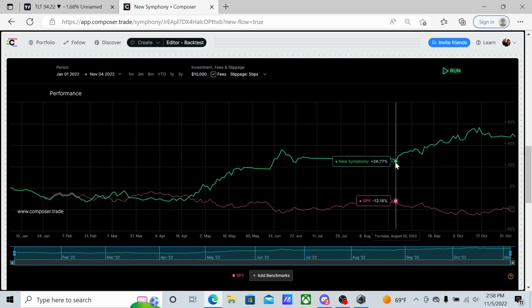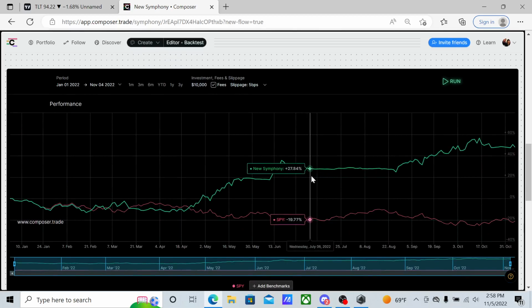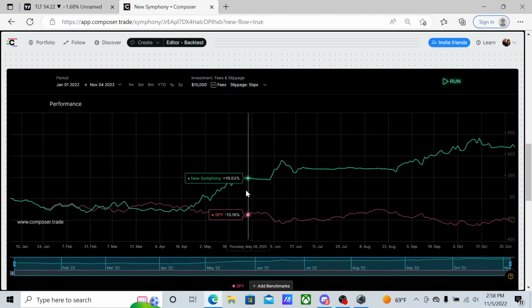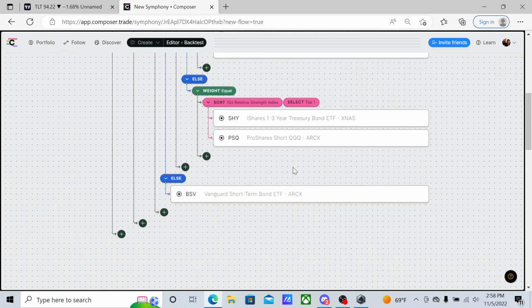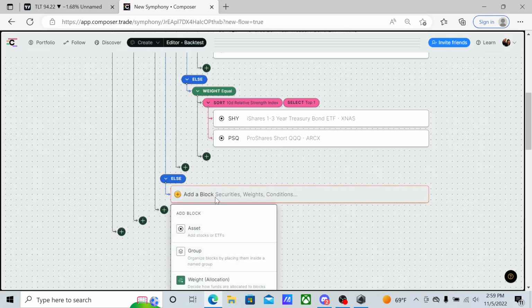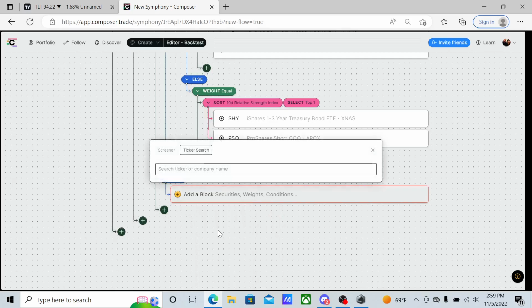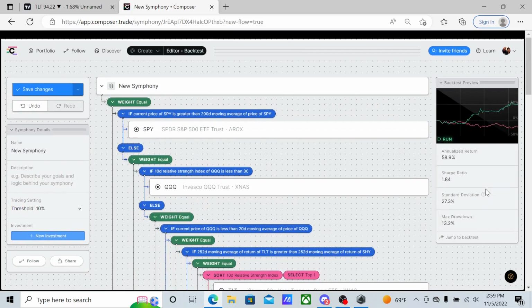It's really up to you. The flat spots tell us the Nasdaq is above its 20-day moving average. So you could go to BSV and erase it and say, if the NASDAQ is above its 20-day, I'll just invest in the QQQ and ride those trends up.